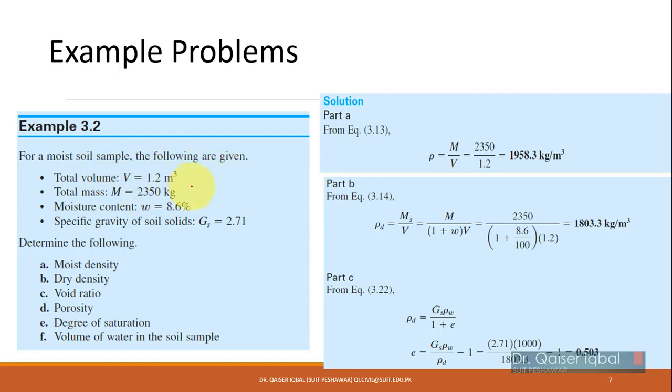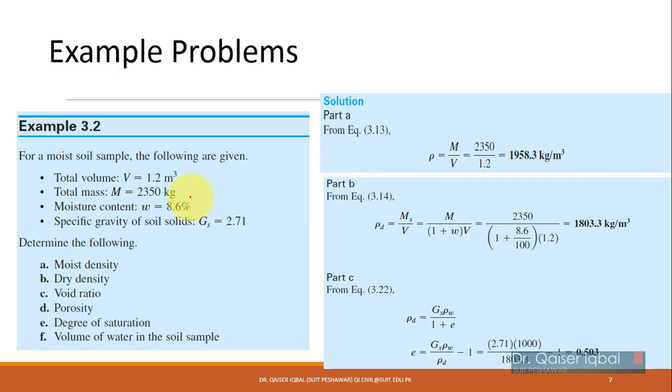We have moist soil. It means that it has moisture, it's not completely dry, moisture in the natural condition. They did not mention it's fully saturated, so we will not consider it to be fully saturated. Over here we will see how much saturation it has. The total volume of the soil is 1.2 cubic meters. The total mass of this soil they've taken is 2350 kilograms.